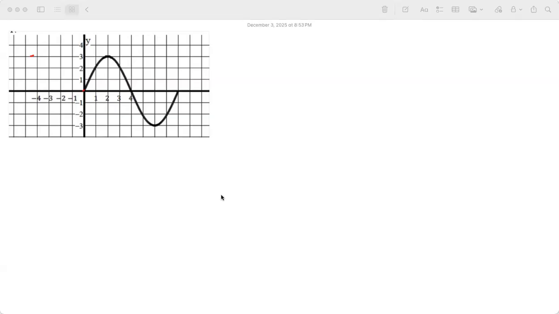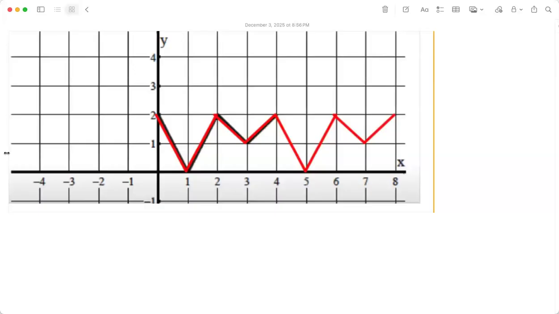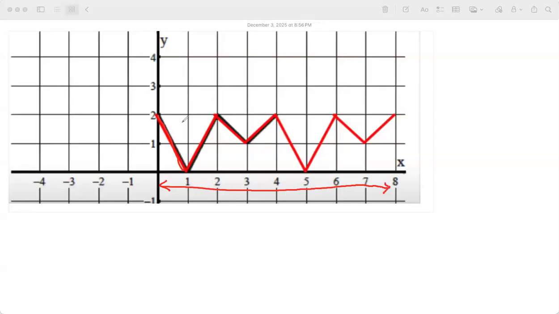Suppose we consider this as a periodic function, you should be able to find the period. If you consider this as a periodic function, how do I make it repeat itself? This is a V. So here the period of this function is 8 units. If we want to repeat it again, you cannot reflect it actually, but instead it's going to end here.